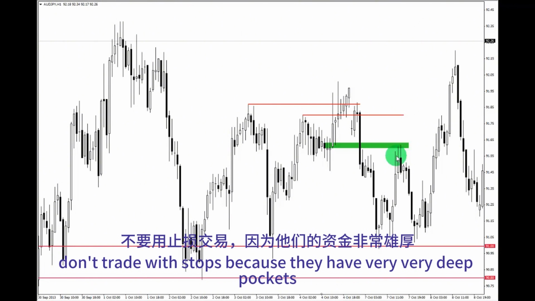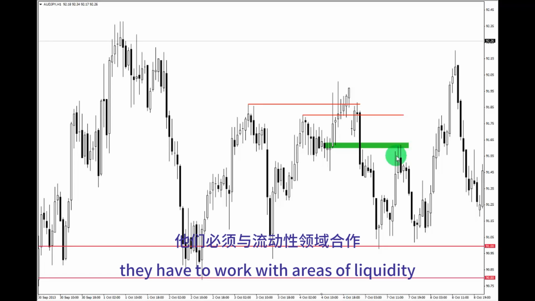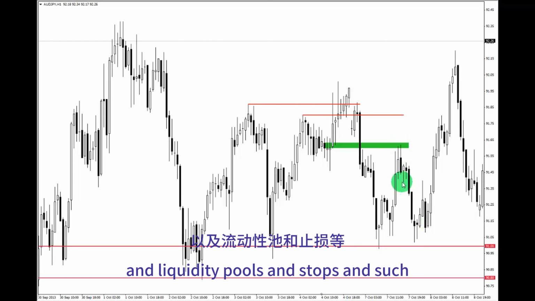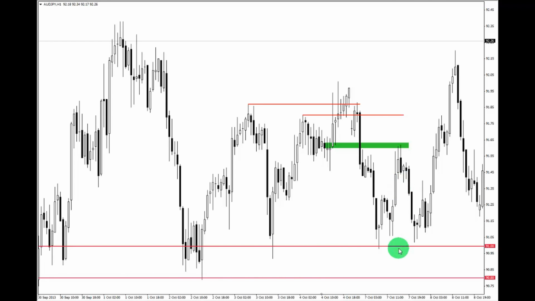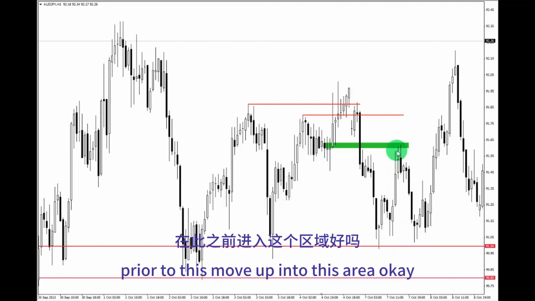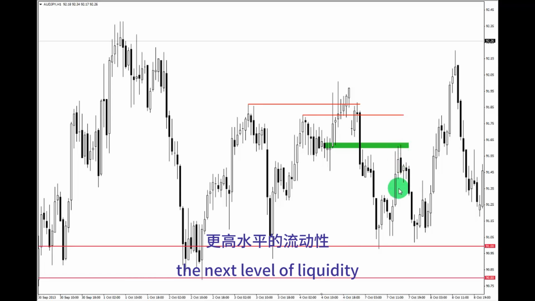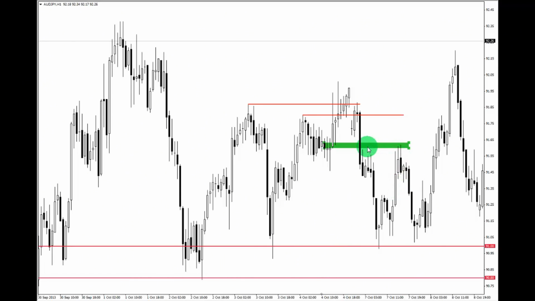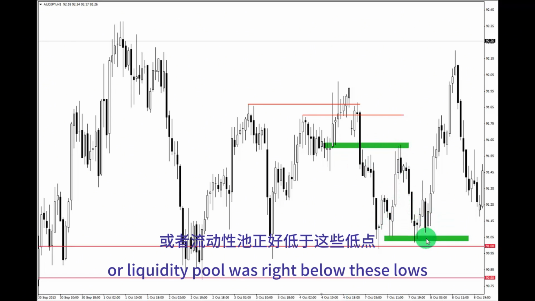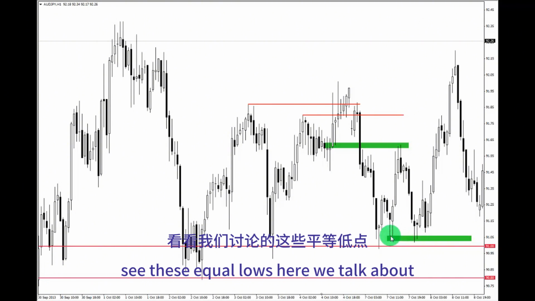And because they don't trade with stops, because they have very, very deep pockets, they have to work with areas of liquidity and liquidity pools and stops and such. Prior to this move up into this area, okay, the next level of liquidity or liquidity pool was right below these lows. See these equal lows here?